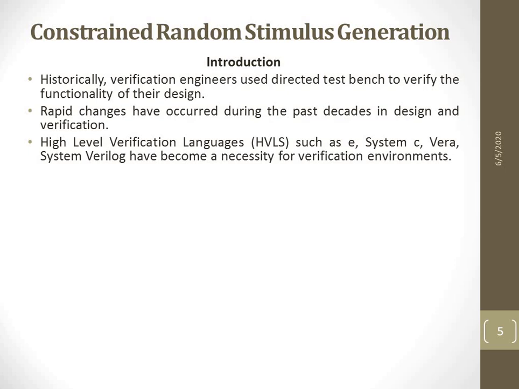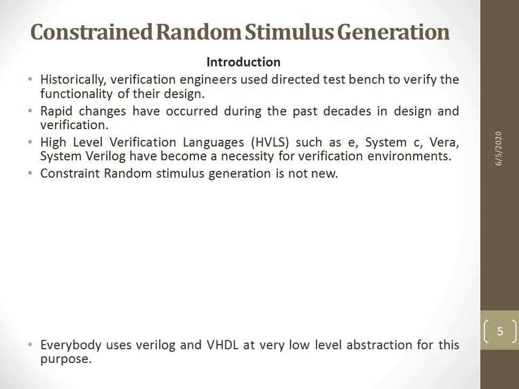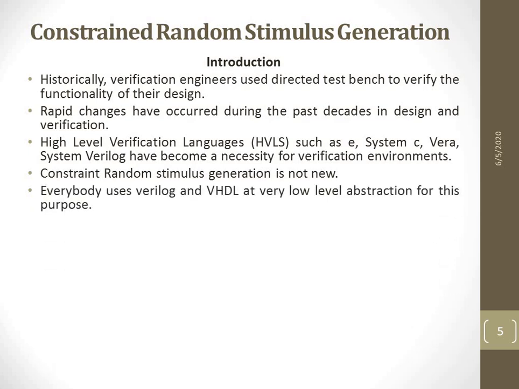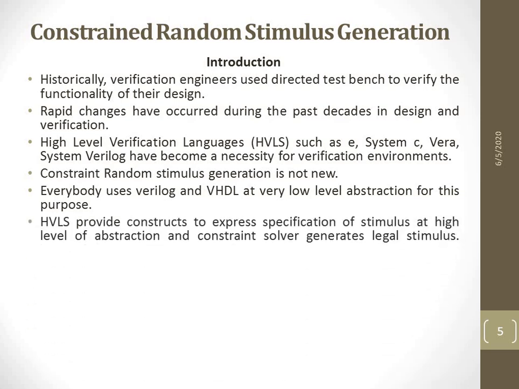High-level verification languages such as E, SystemC, Vera, and SystemVerilog have become a necessity for verification environments. Constrained random stimulus generation is not new; everybody used Verilog and VHDL at a very low level of abstraction for this purpose.